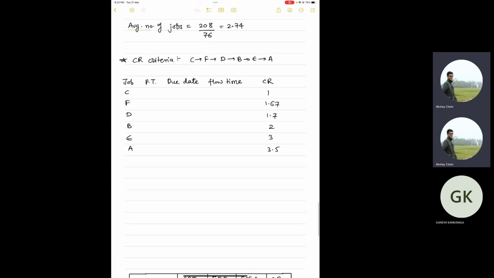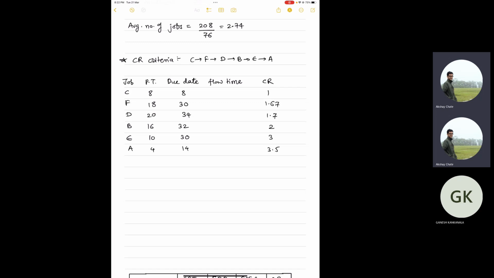So C had 8, F had 18, D 20, B 16, E 10, and A 4.